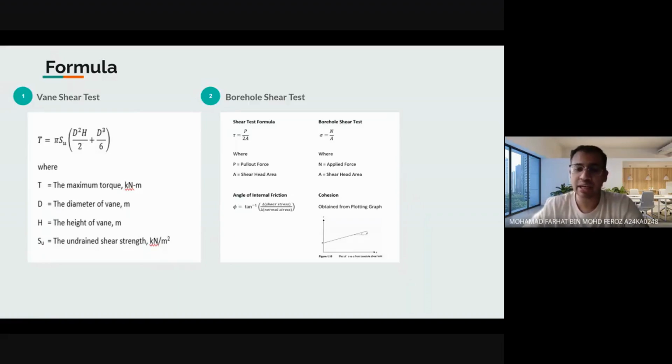Normal stress is calculated as the applied force over the shear head area. Shear stress is calculated using the pull-out force, and because it involves two shear heads, the area is doubled.